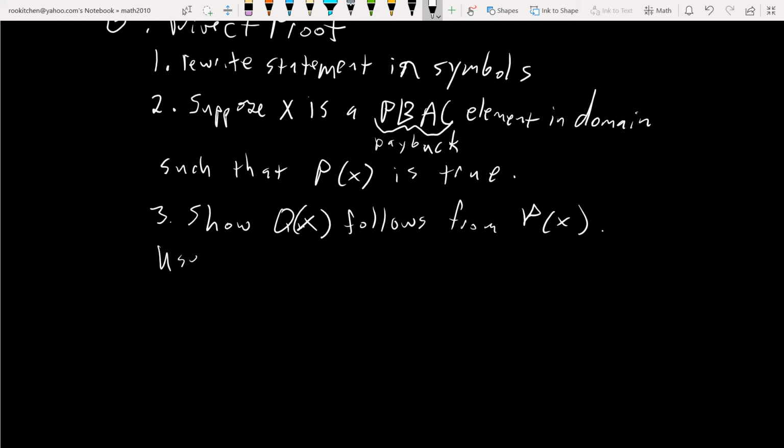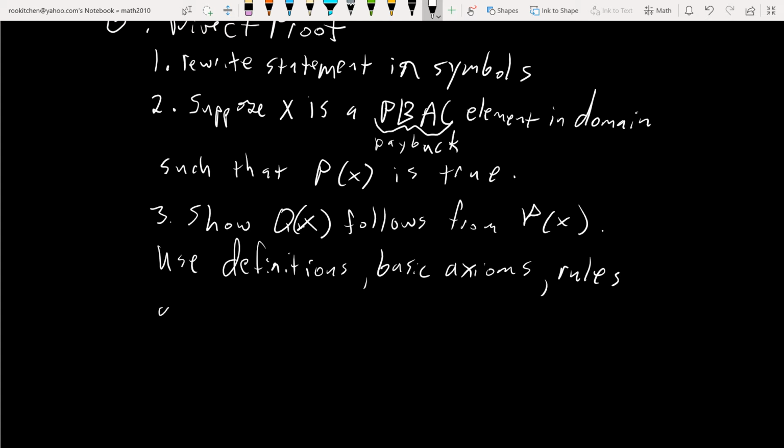You use definitions, basic axioms, rules of logic, and previous established statements. So maybe you just proved something to be true. You can use that fact.